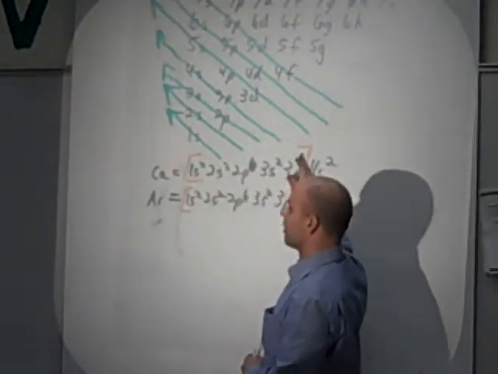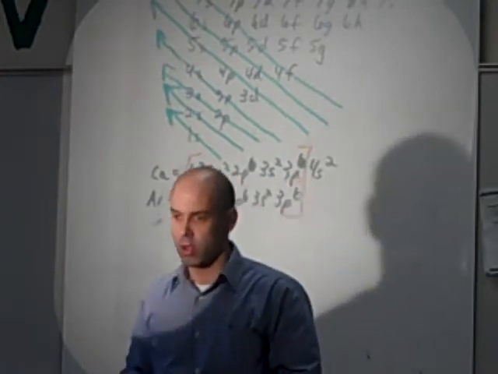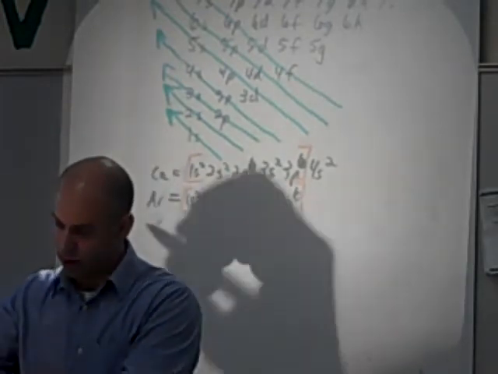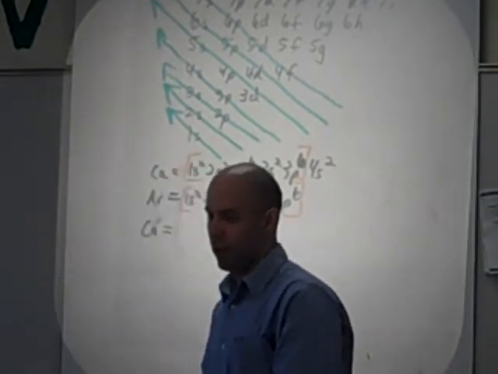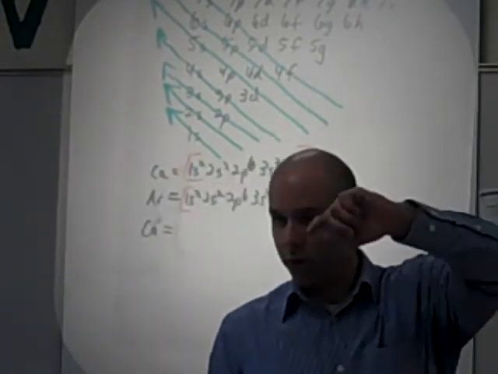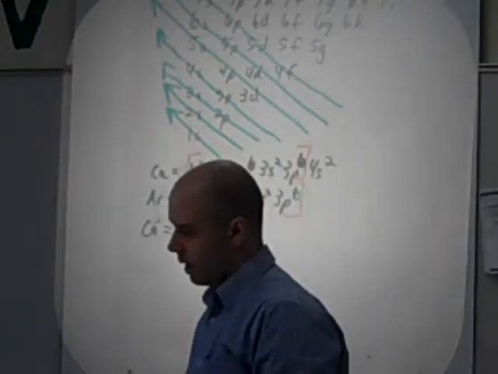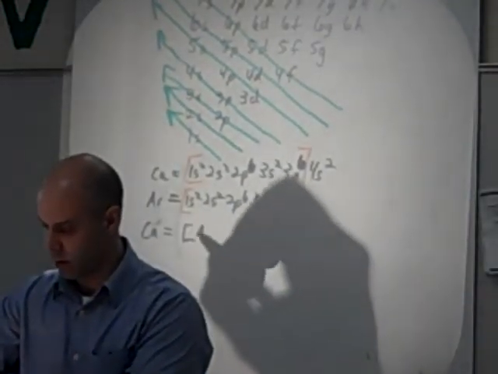So instead of doing all of this, the way you can write calcium, according to the shorthand notation, is you go to the previous noble gas. So here's calcium. The previous noble gas would be argon. So I write argon in brackets.